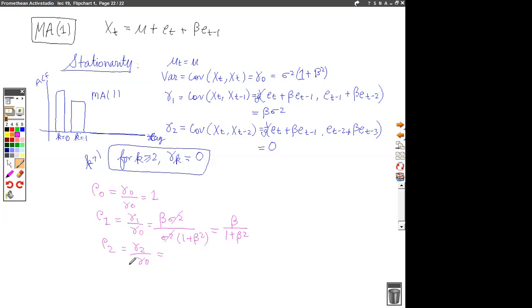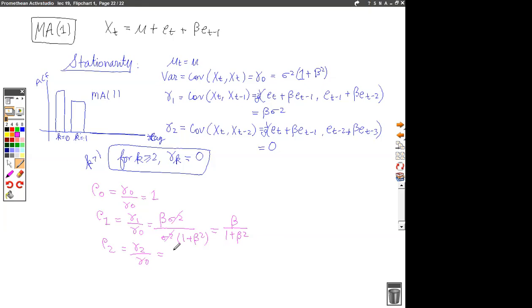Because it can be 0 upon 0 as well, indeterminate. But we have 1 plus beta squared, so gamma 0 can never be 0, because anything squared always gives you a positive number.